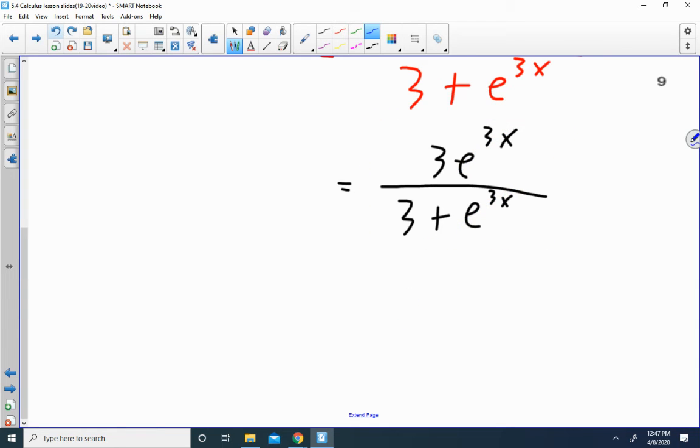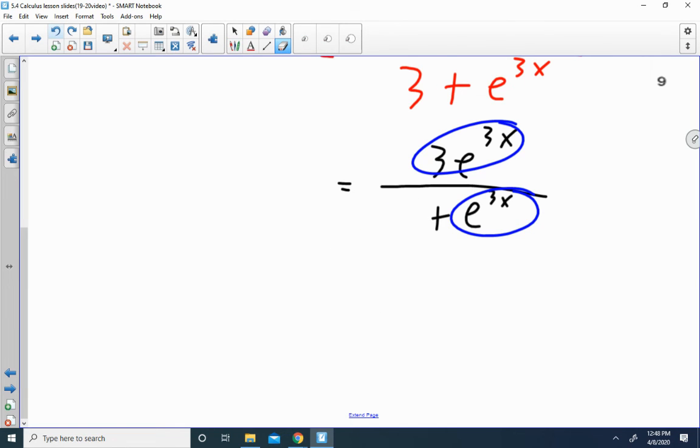The reason why is that only 2 terms have e to the 3x. The 3 does not. If the 3 had an e to 3x with it, then yes, you would totally be allowed to eliminate e to the 3x from all 3 terms. However, since only 2 have them, you can't do it.